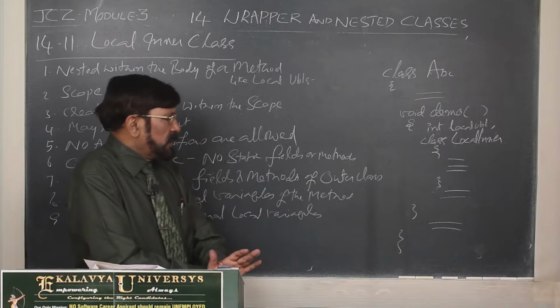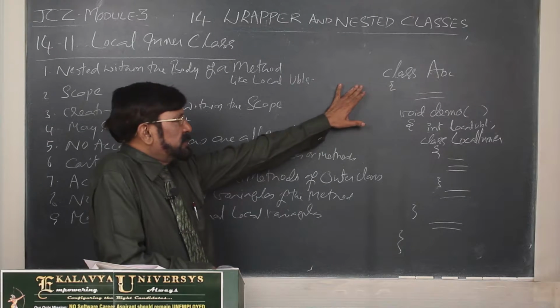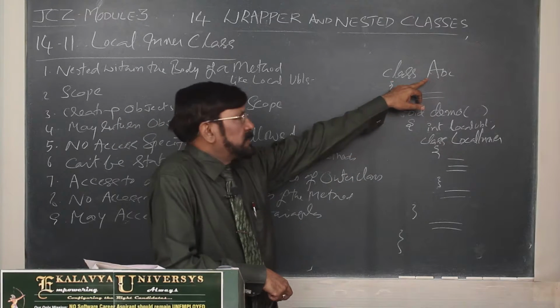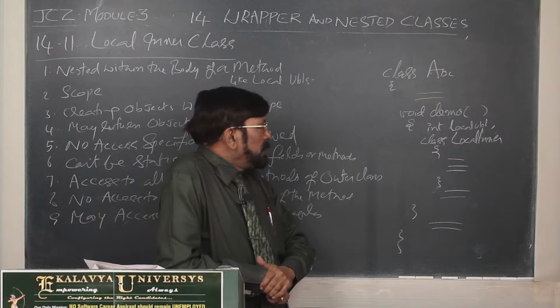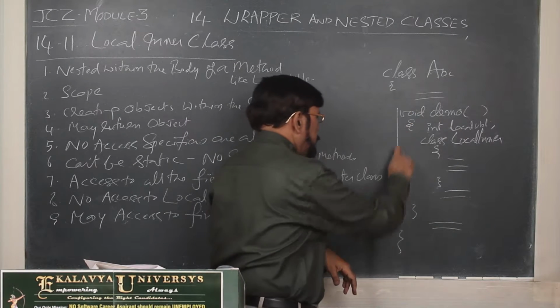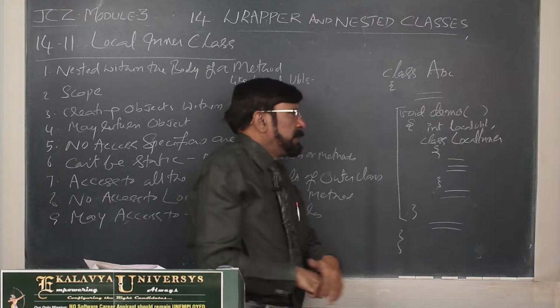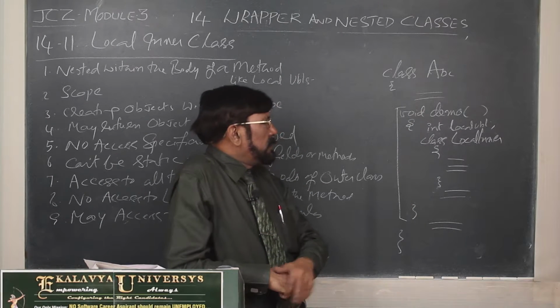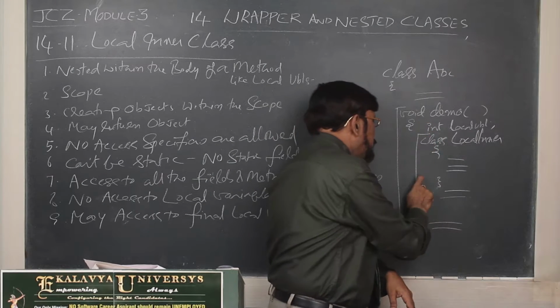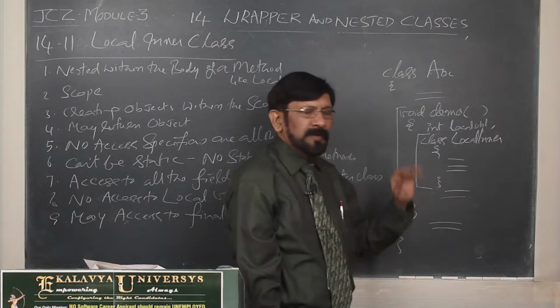Now, first I will show you its structure through this example. This is a class ABC. In this, one method I have defined. This is void demo method. In this demo method, one local variable is there, and here one local inner class I have defined.